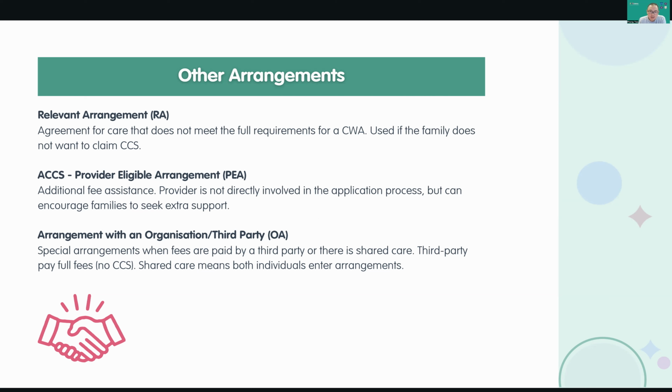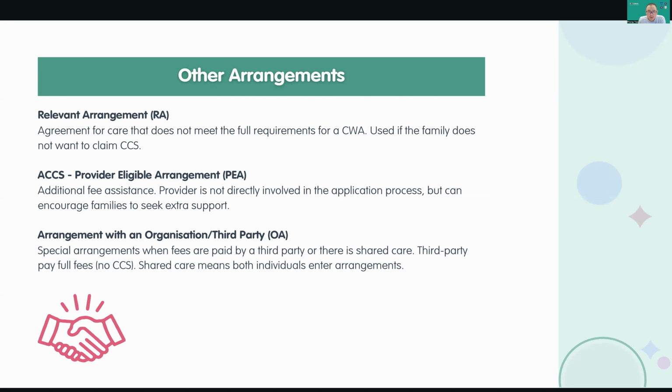Now, the last one there, guys, is an arrangement with an organization or a third party. Now, there will be special arrangements to accommodate for when fees are paid by a third party or where there is shared care. Now, a third party, this is an arrangement between the individual and another party.